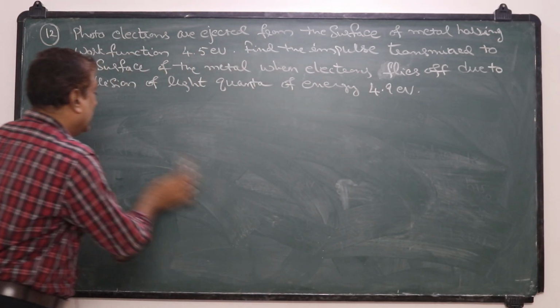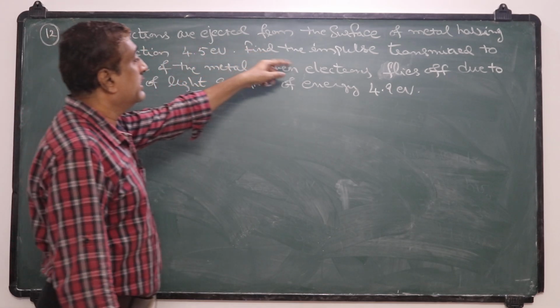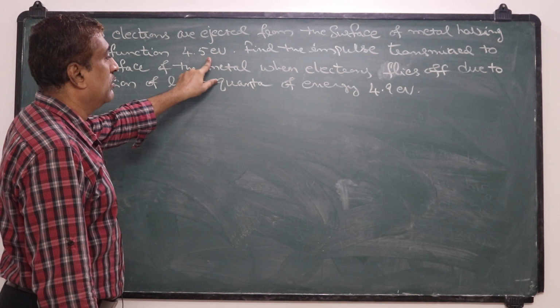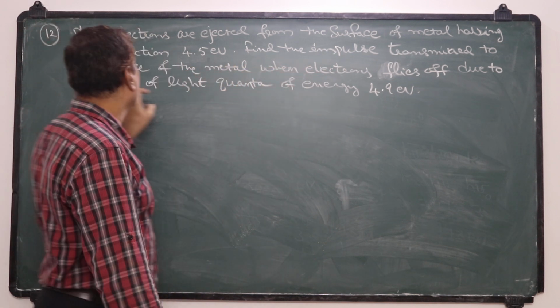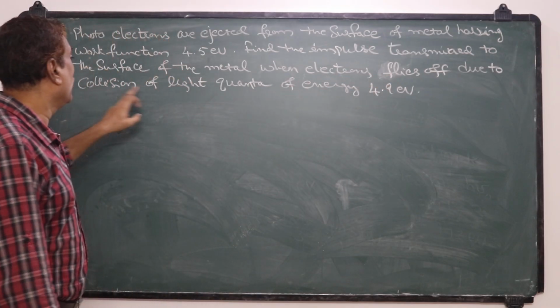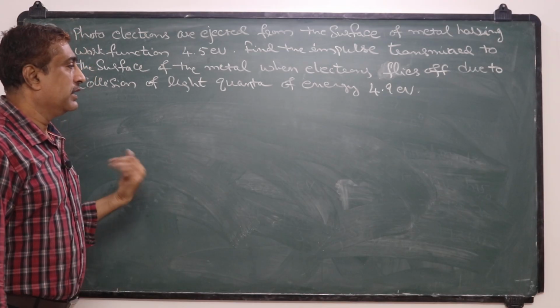Okay. The problem is photoelectrons are ejected from the surface of a metal having work function 4.5 electron volt. Find the impulse transmitted to the surface of the metal when the electron flies off due to collision of light quanta of energy 4.9 electron volt.